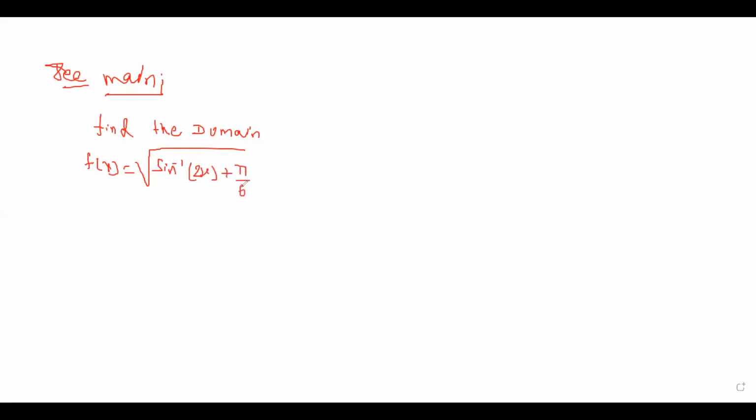For this question, one main thing: sine inverse x lies between minus pi by 2 to pi by 2. This is very important. Okay, write down, and after that you find the domain of this function, whatever f(x) is, the square root of sine inverse 2x plus pi by 6.